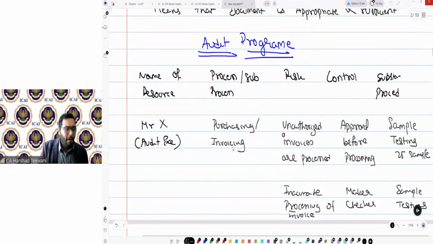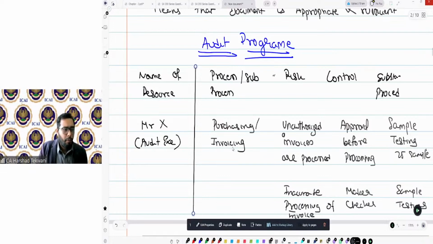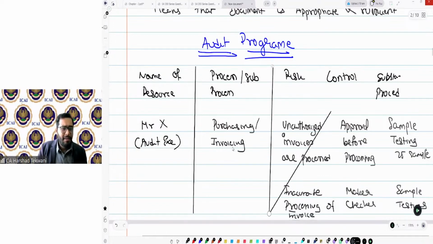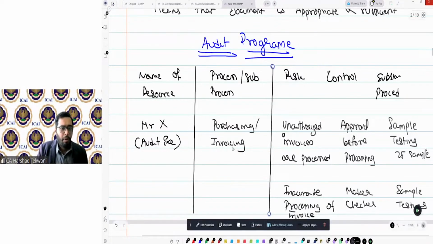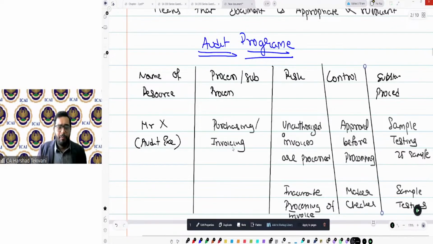Now understand what I have prepared over here. I have prepared a document which contains details like what is the risk, what is the process, what are the controls, and what is the substantive procedure that I will be performing.